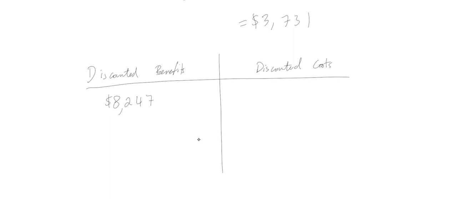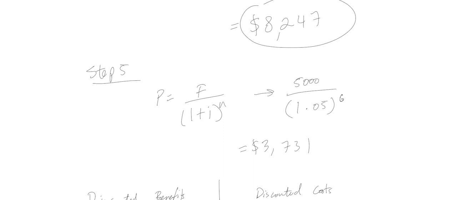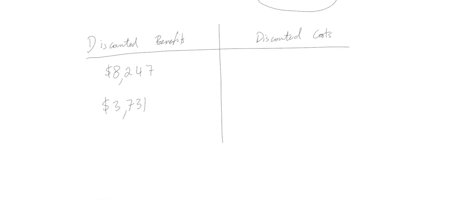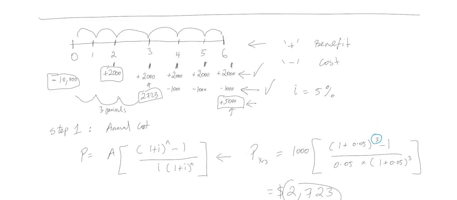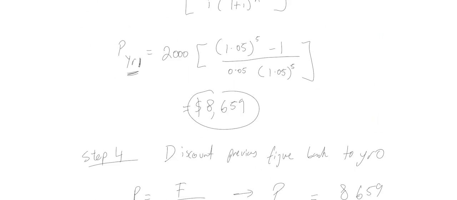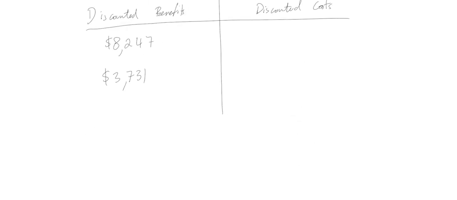What else do I have? I've got 3731. Where did I get that from? Again, if we move up, it's that figure that we got from step 5. That was a benefit, because remember they were associated with positive signs in the timelines. So it was this and it was that, but this time it was discounted over here in the table. And then what about for the costs?